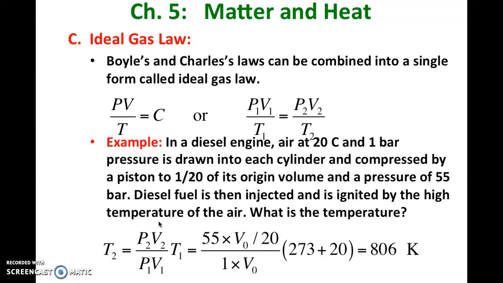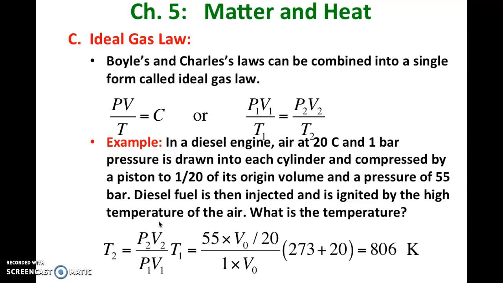Boyle's law and Charles' law can be combined into a single law called the ideal gas law. P times V divided by T equal to a constant, or in the form of P1 times V1 divided by T1 equal to P2 times V2 divided by T2.